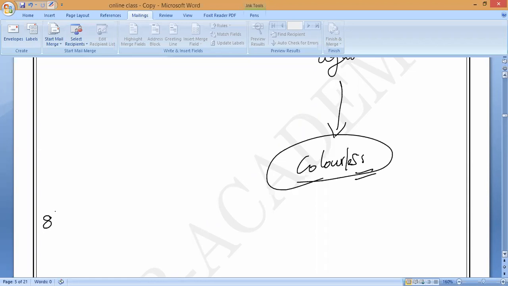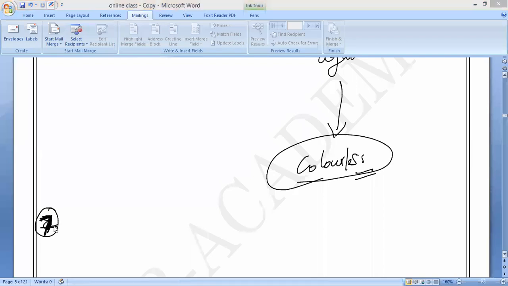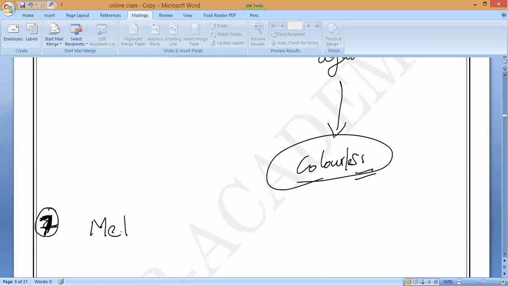Now coming to the 7th property of acids. After metal, what will come? Metal oxides will come. So that is our 7th property.